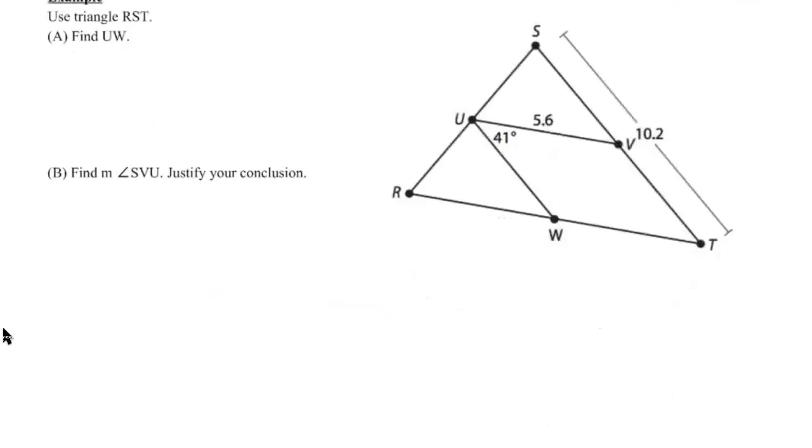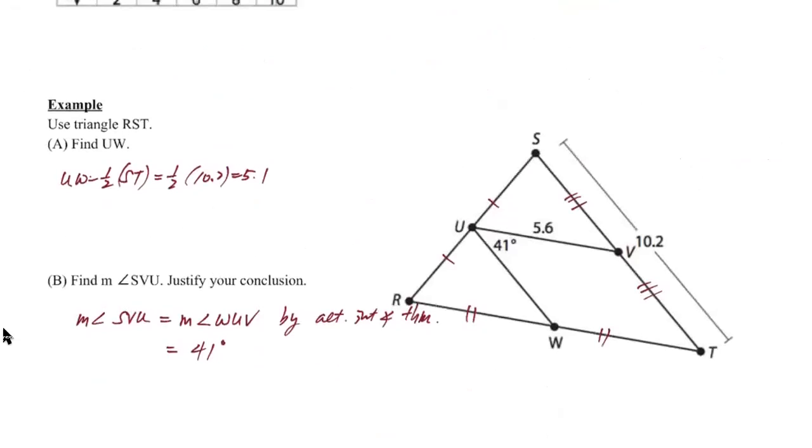Using that information, what we could do is that the UW here, these represent the midpoints of this triangle. And if that's the case, UW is half of that length, right? So that's what I said over here. So that's 5.1, okay?